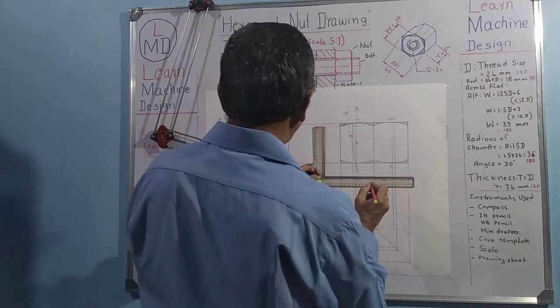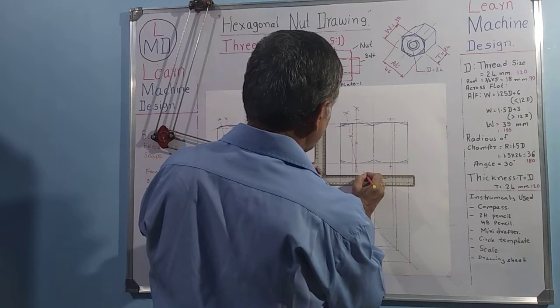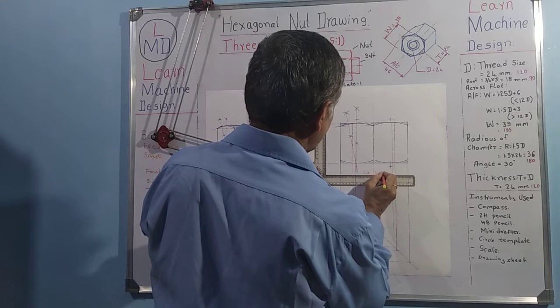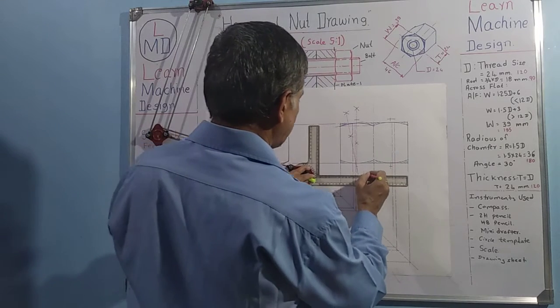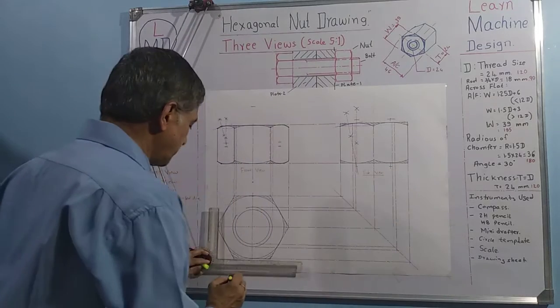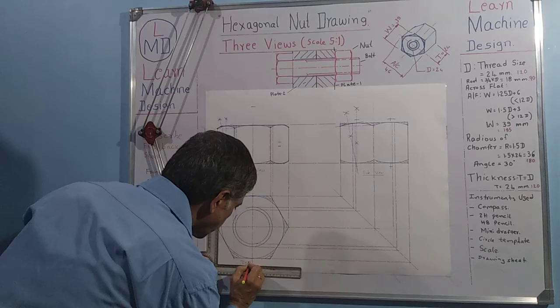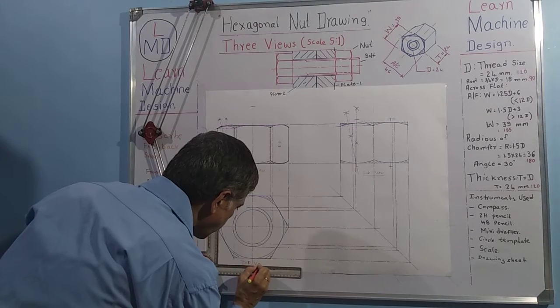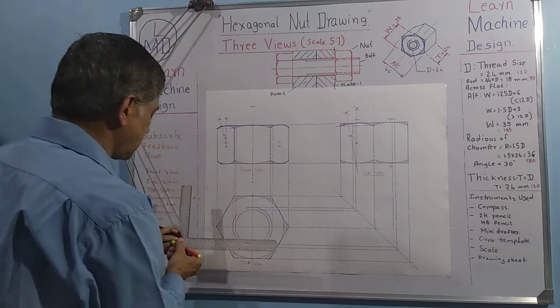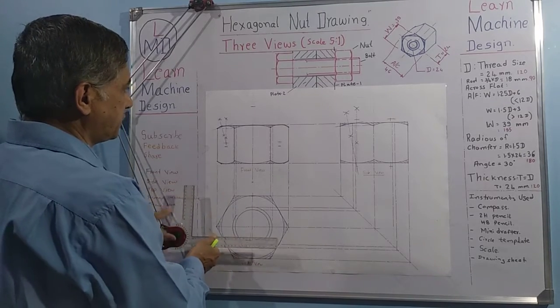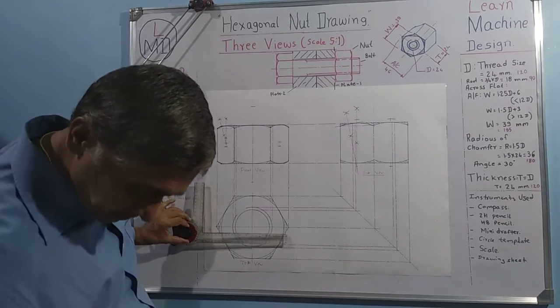This is side view. This is top view. And after writing complete view, we have to write some of the important dimension also.